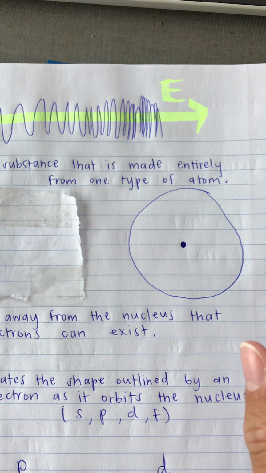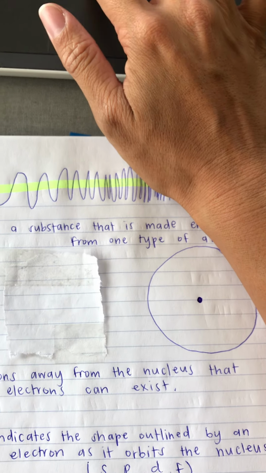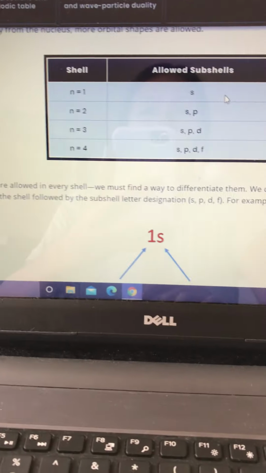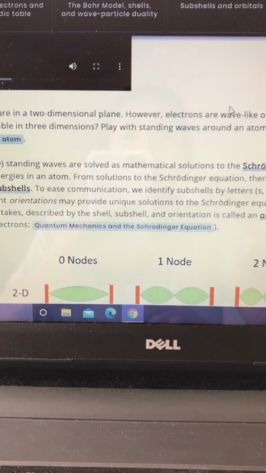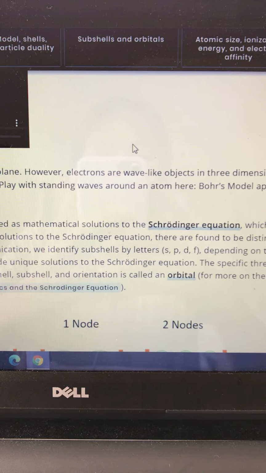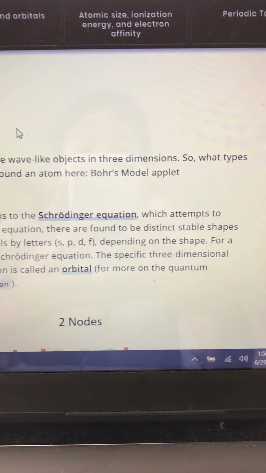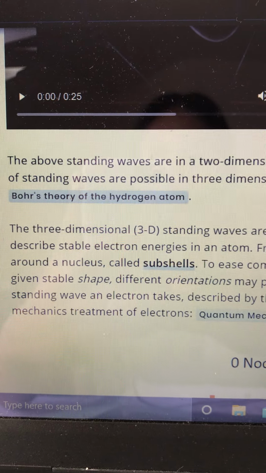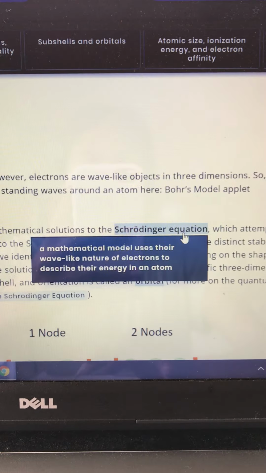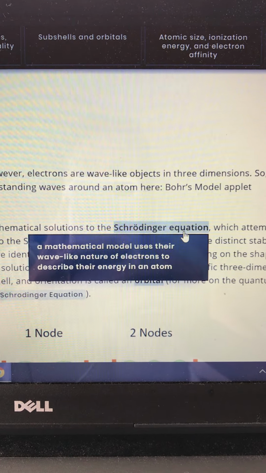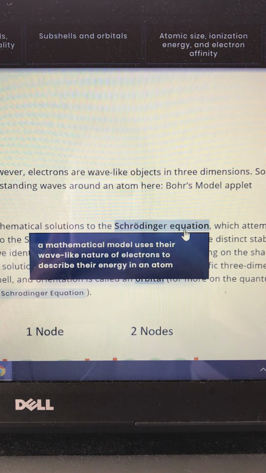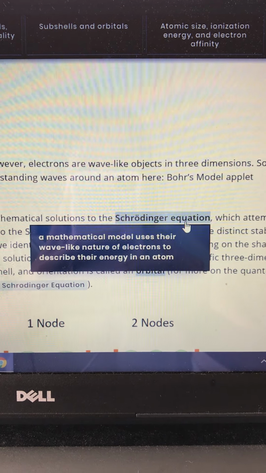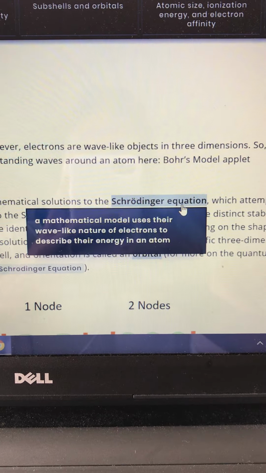Now, before we go into that, let's take a look back at the book and look at the Schrödinger equation, which attempts to describe stable electron energies in an atom. The Schrödinger equation is a mathematical model that uses the wave-like nature of electrons to describe their energy in an atom.